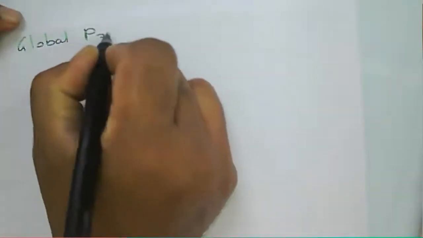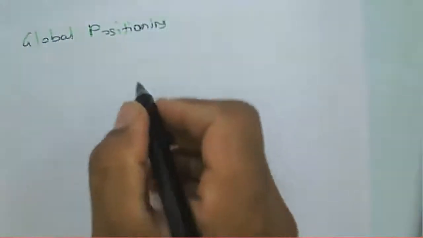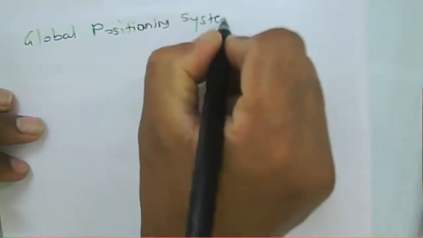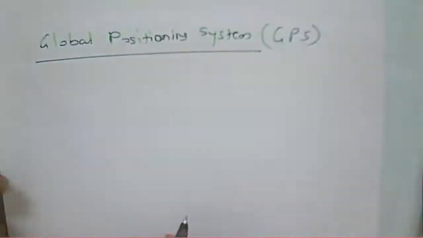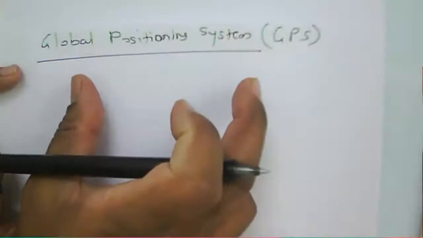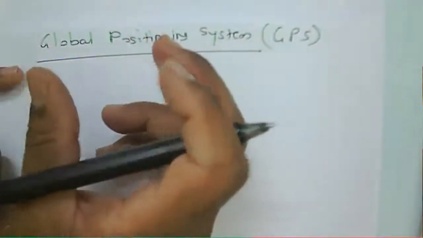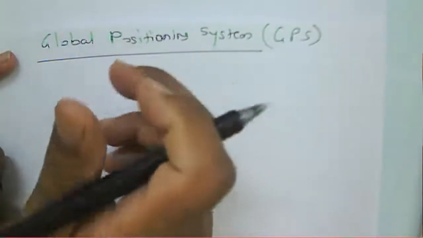So now we will see the global positioning system, that is GPS. It was developed as Navstar GPS. Navstar is nothing but what?